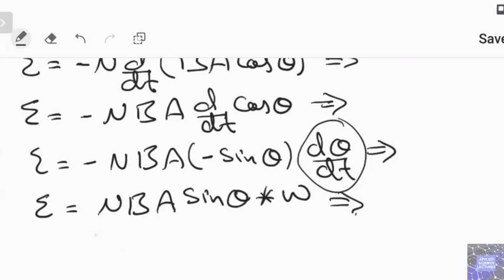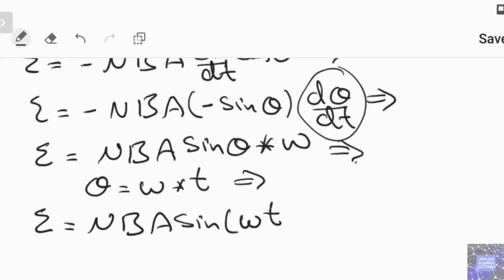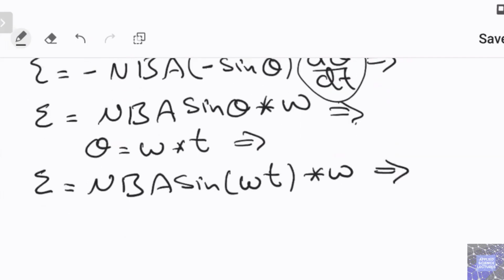We also know that theta is omega times t, which is, in this case, I have electromotive force as N B A sine omega t times omega.